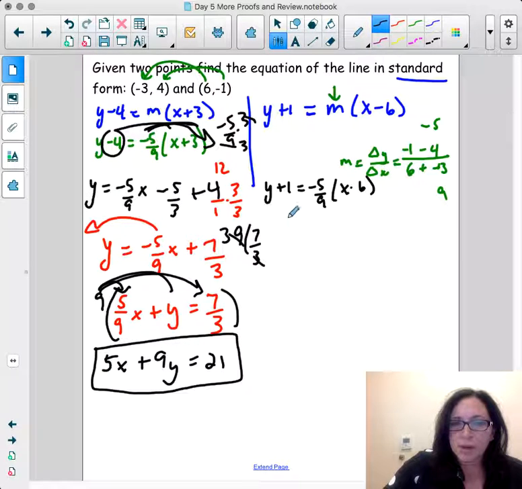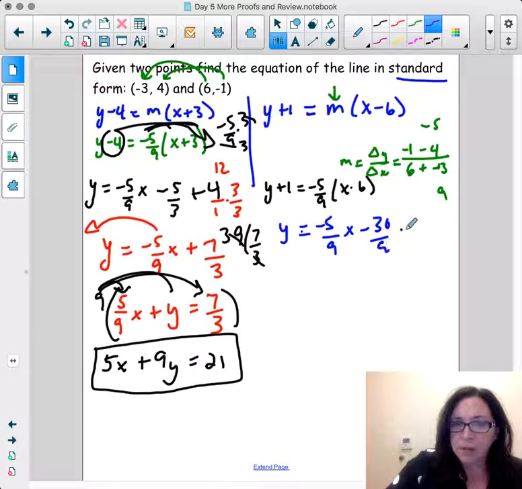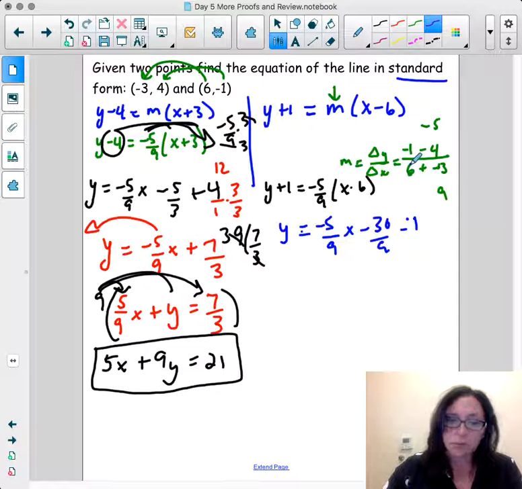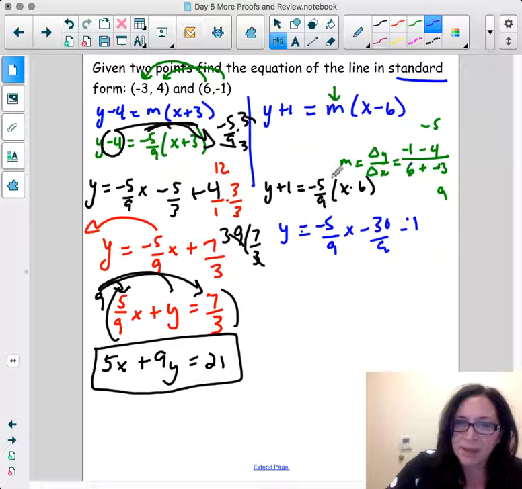You can keep working this out. I would get, let's see, y equals negative 5/9 x minus 30 over 9 minus 1, which is 9/9. And what I need to do is divide by 3 and then multiply. So you can keep working that out.